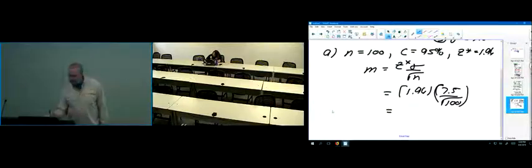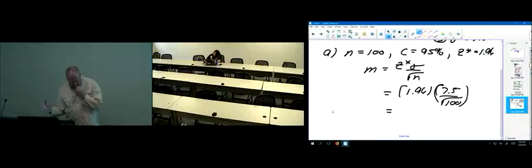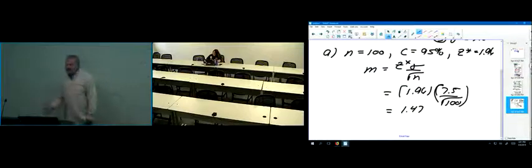What do you get? So if your sample size had been 100, your margin of error would be 1.47.